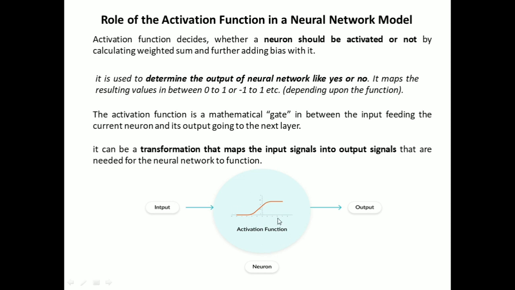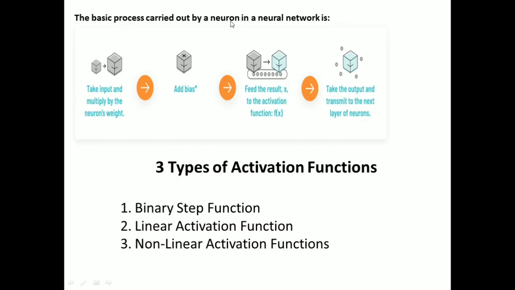Simply, the activation function can be described as a mathematical gate between the input feeding the current neuron and its output going to the next layer. Finally, it is a transformation that maps the input signals onto the output signals needed for the neural network to function.